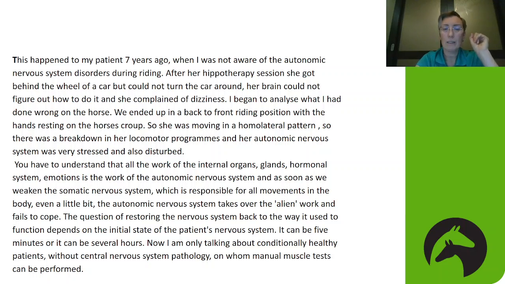And of course, now I am talking about conditionally healthy people without central nervous system pathology. And of course, we can make these tests only on persons with a normal central nervous system. It's not good for us that we can't make this test for our children and adults, persons with cerebral palsy.